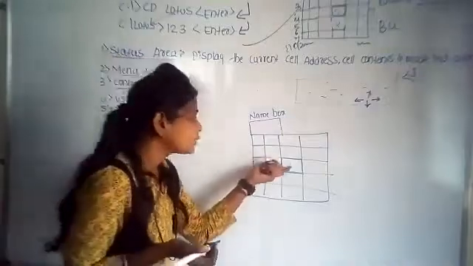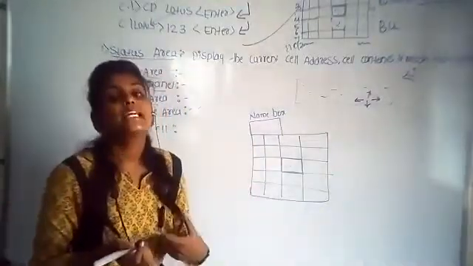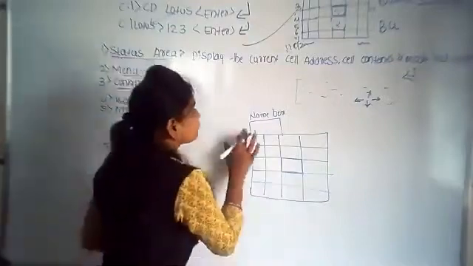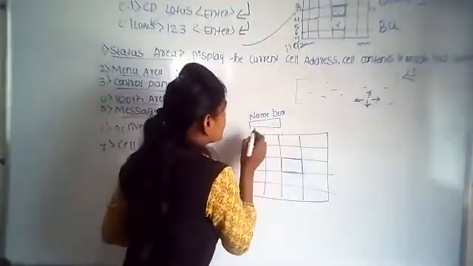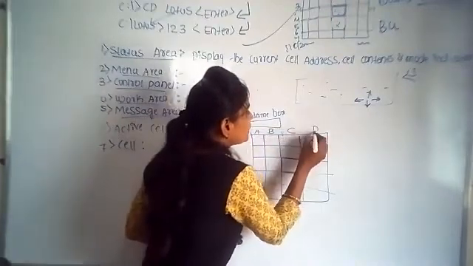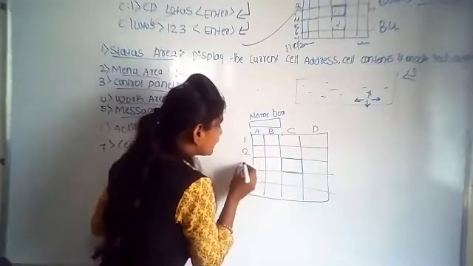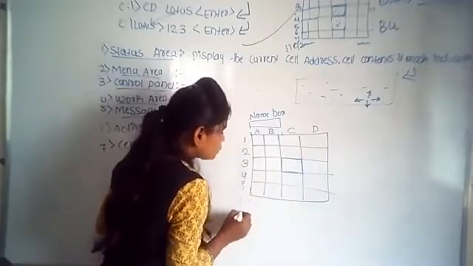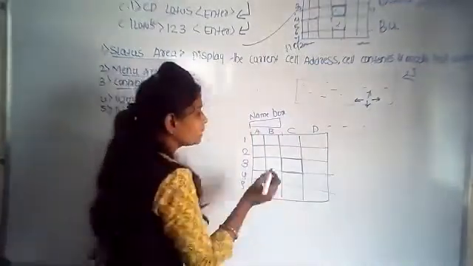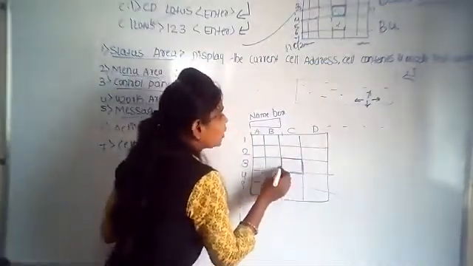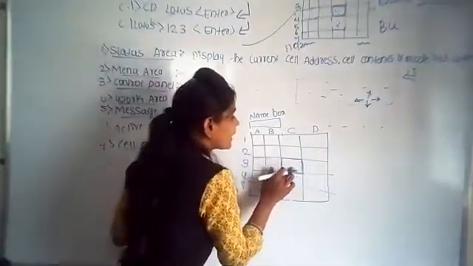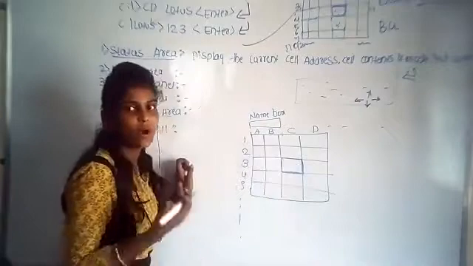Each cell or each grid has its own name. How can you identify the name of the cell? Assume that this is the A column, B column, C column, D column, first row, second row, and so on. Many rows and columns are there. Assume that you click at any particular location in a spreadsheet. One rectangular area is formed, that is called a cell or a grid.